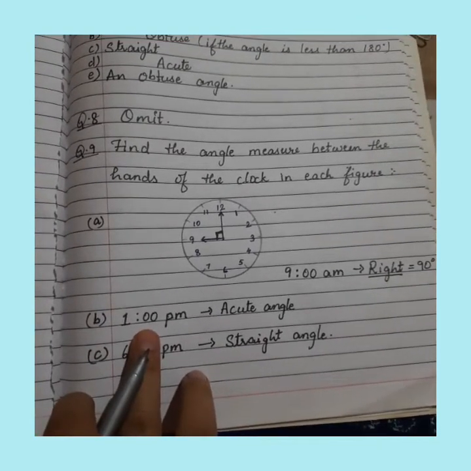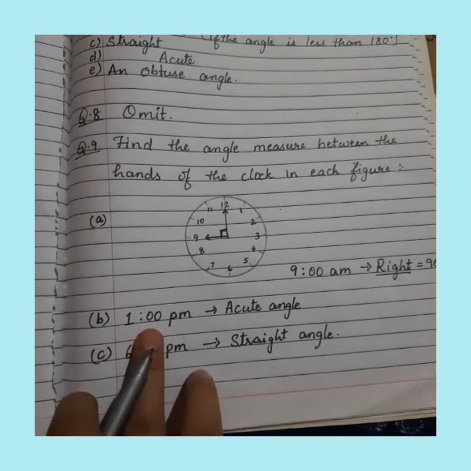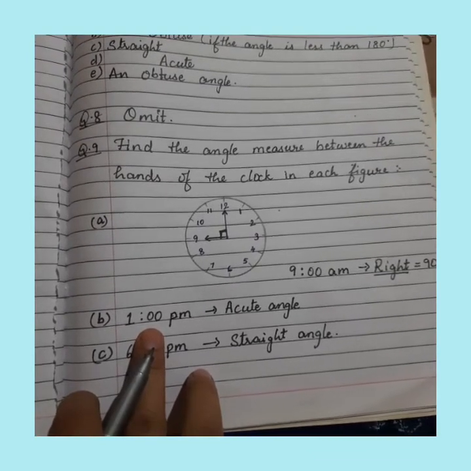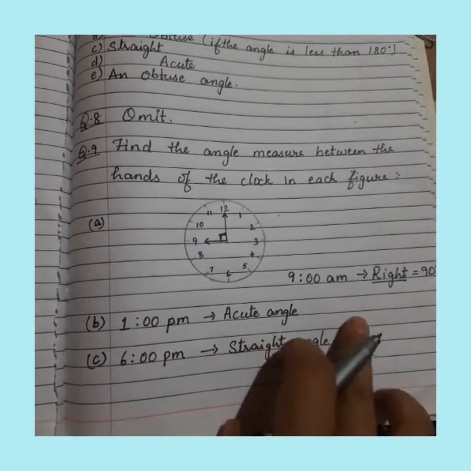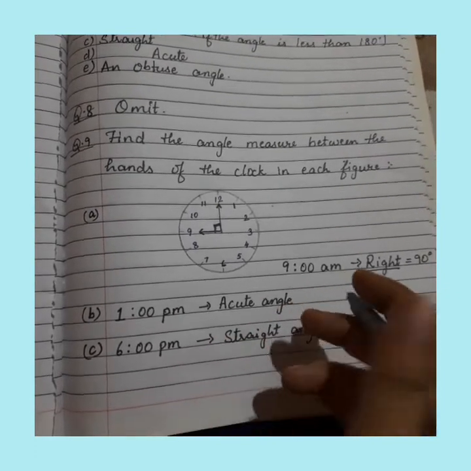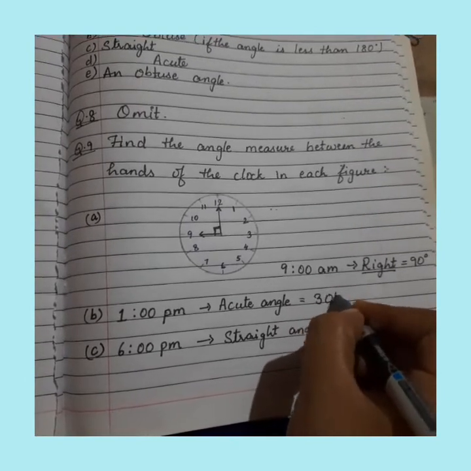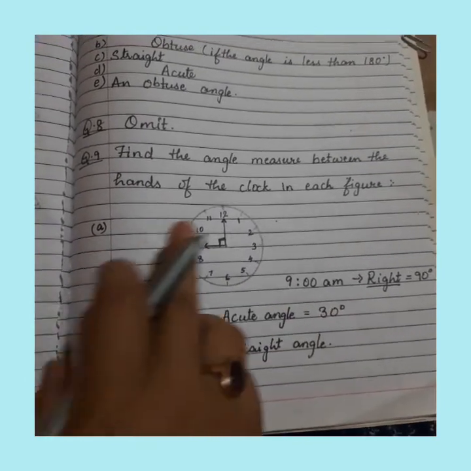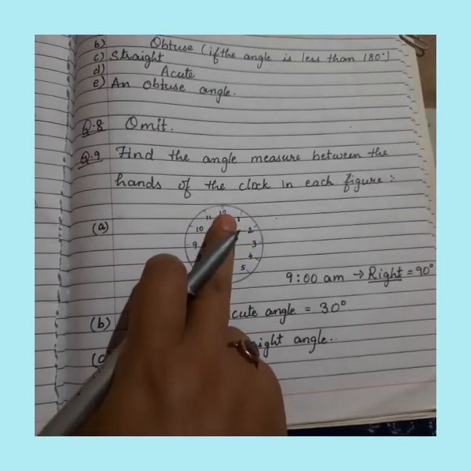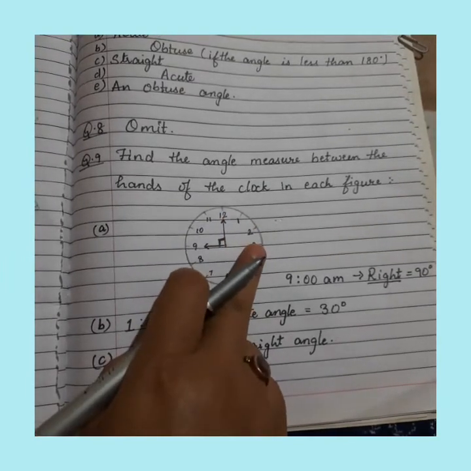Then the second one is 1 p.m. It is showing an acute angle, and that acute angle measurement you have to do on your own by using the protractor. You cannot directly write here on your own. Use the protractor, and this will be, I hope, 30 degrees, because moving from 12 to 3, I am crossing 3 numbers, that is 1, 2, and reaching 3.